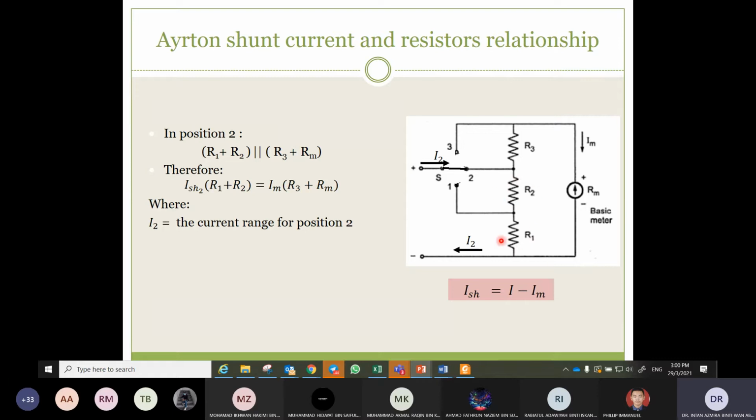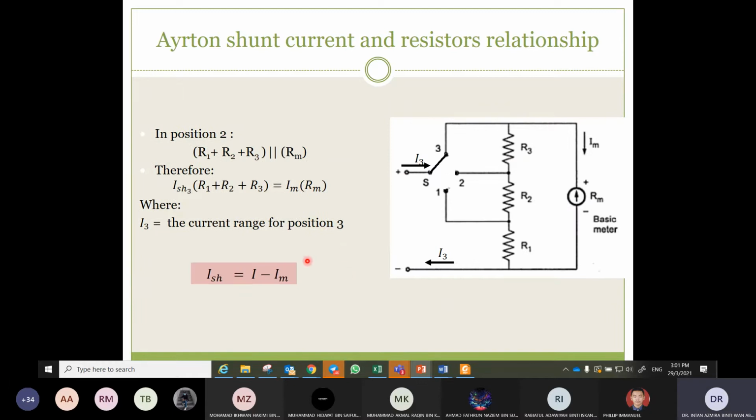The voltage drop here is I shunt 2 multiplied with R1 plus R2. It is equal to Vm. Vm is Im, and Im is the same for all cases, in the bracket R3 plus Rm. This is where I2 is at position 2, meaning the second range.